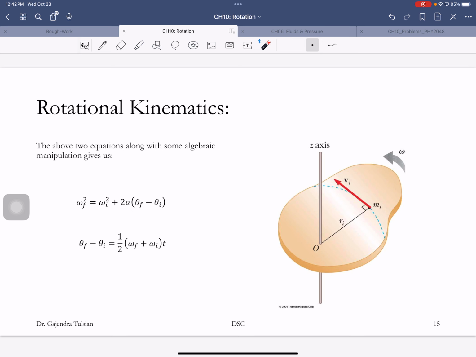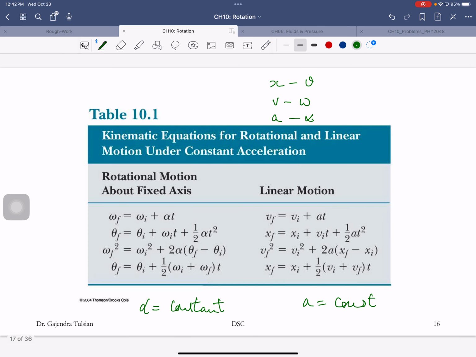For constant linear acceleration, there are the equations of motion, the kinematics equations, giving you velocity and position as a function of time.